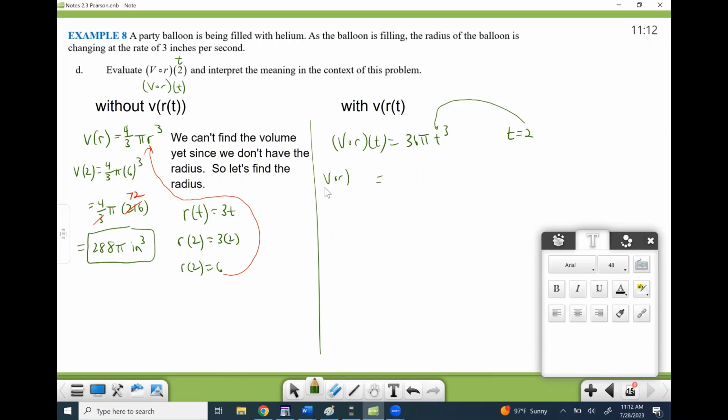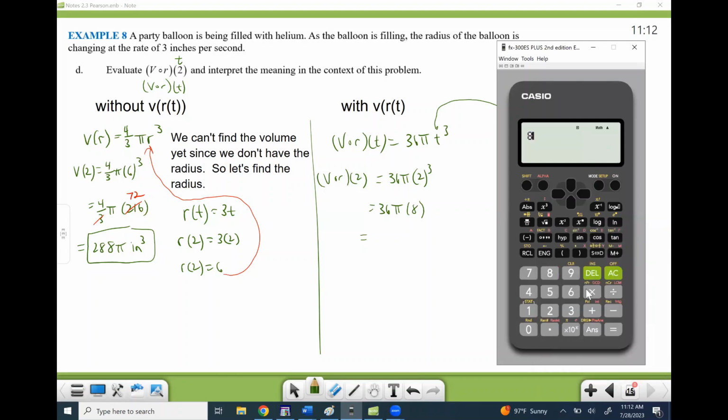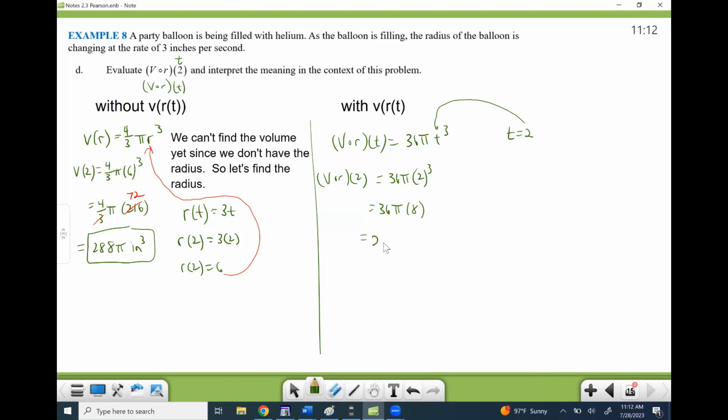So V compose R of 2 is 36 pi 2 cubed. It's 36 pi times 8. And if we do 8 times 36, then we get 288. Look how much quicker that was, because it didn't require us to use two functions. It required us to just use one.